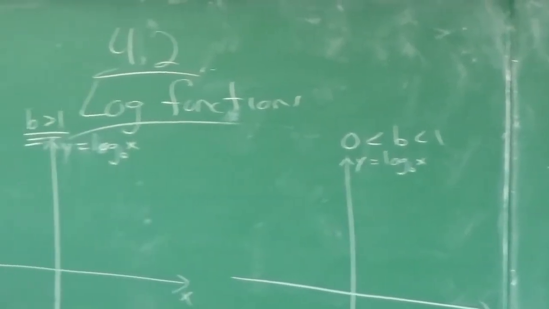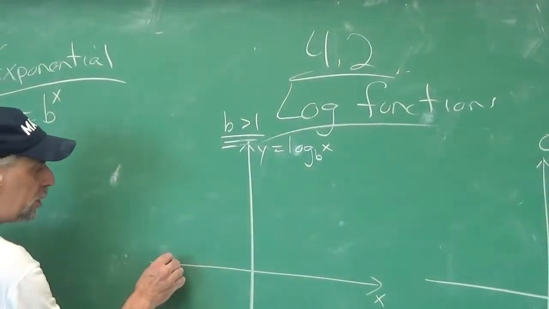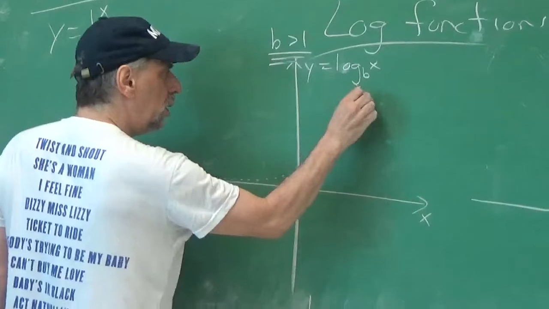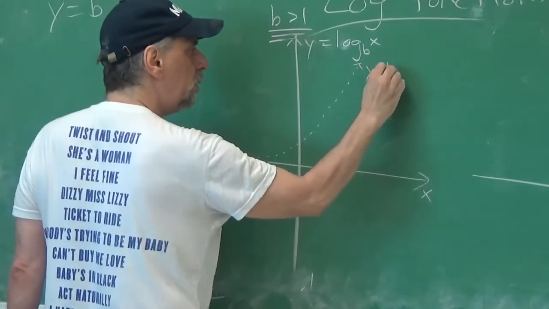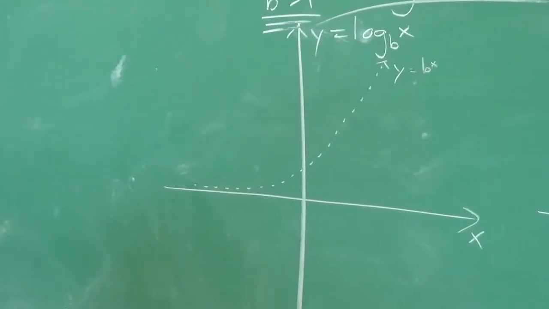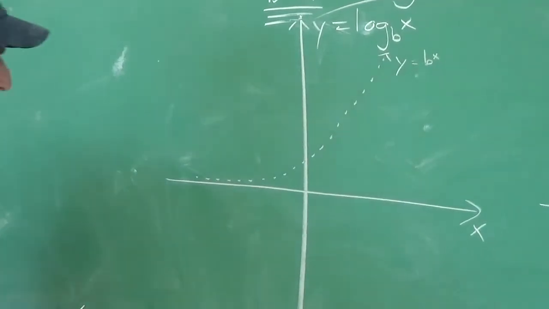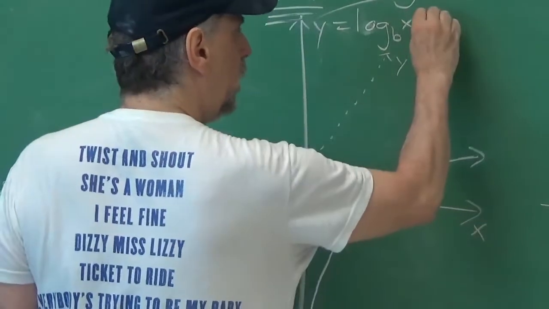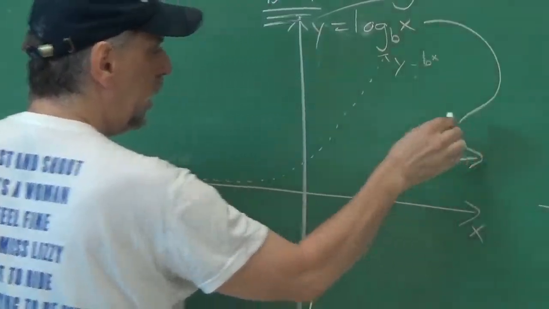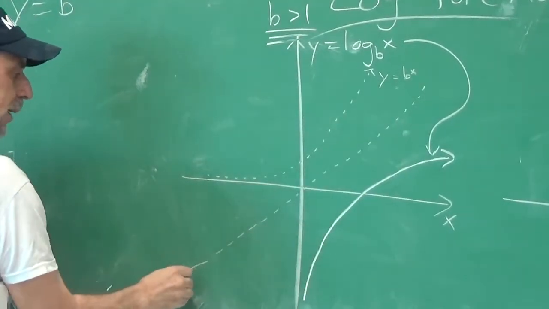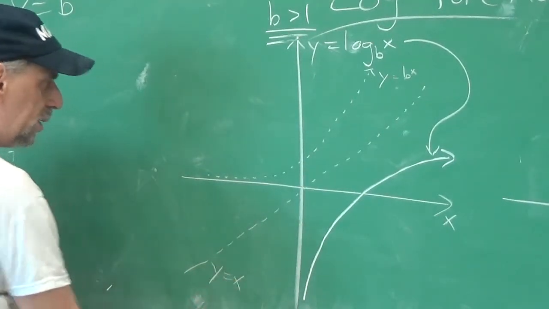All right, so the exponential function, remember, looked like this. That was the exponential function. The log function is the inverse of that. It's like this. And remember, inverses were symmetric about the line y equals x.